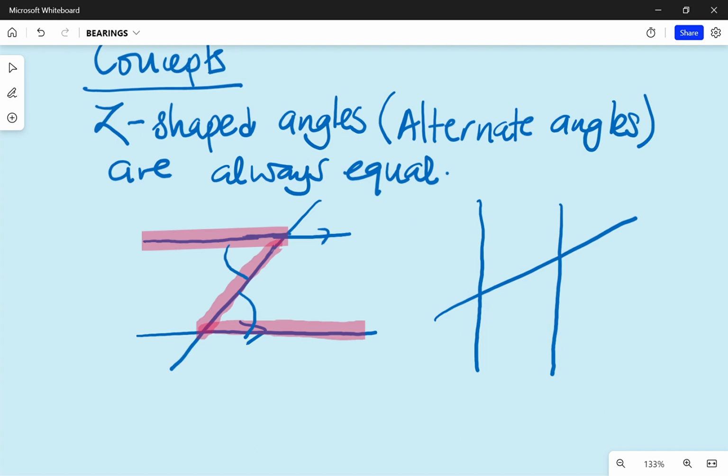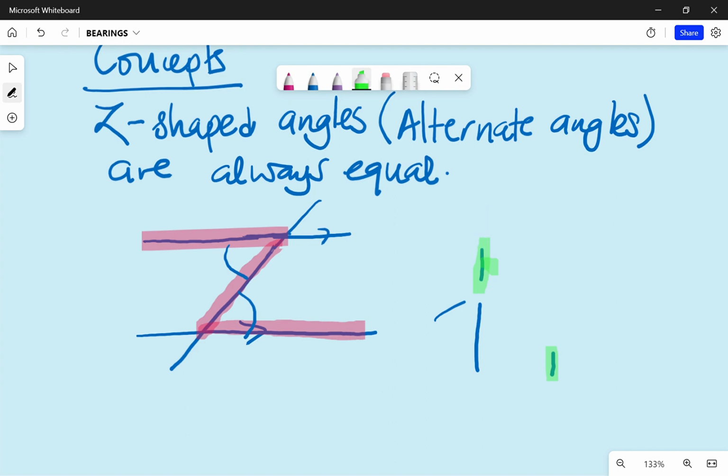I hope you can see that Z. So that Z there implies that, if I have these as my lines, the angle there is equal to the angle there. Okay, these are alternate angles.